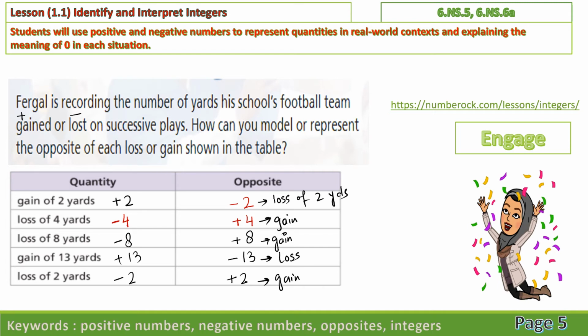Here 4 means gain of 4 yards, right? Plus 8 means gain of 8 yards. Minus 13 means loss of 13 yards. What is meant by plus 2? Gain of 2 yards. Right? So gain means plus, loss means minus.